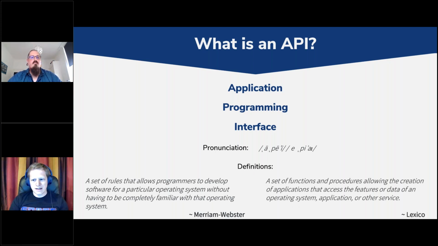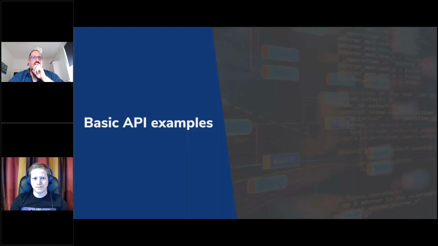Not the best one. I like this one better: a set of functions and procedures allowing the creation of applications that access the features or data of an operation, application, or service. So you can access the information of an application or a database or anything without using the actual client of that application.